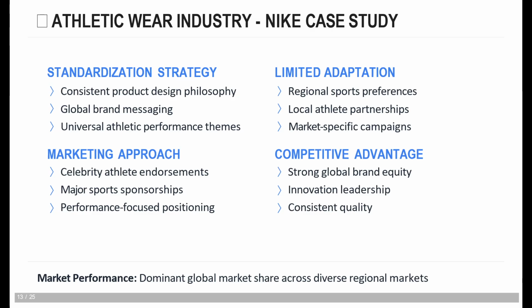Then their marketing approach: celebrity athlete endorsements like Michael Jordan and Serena Williams, and major sports sponsorships like the Olympics and the World Cup are used globally. The limited adaptations here are that regional sports preferences are reflected in marketing, like cricket in India, soccer in Europe. There are also local athlete partnerships and market-specific campaigns used to connect with consumers.